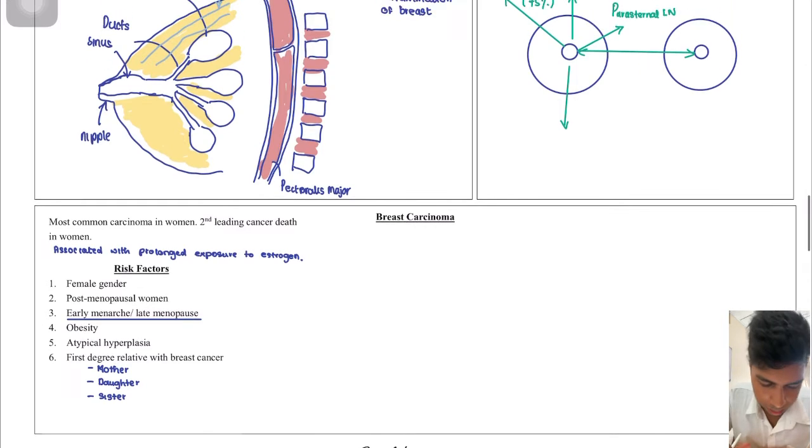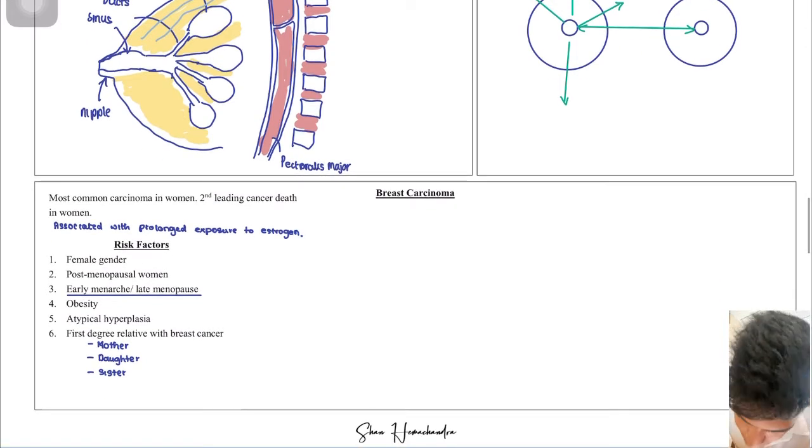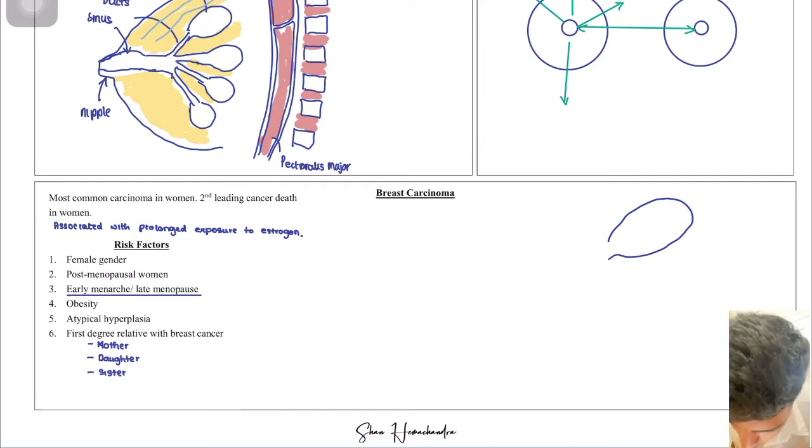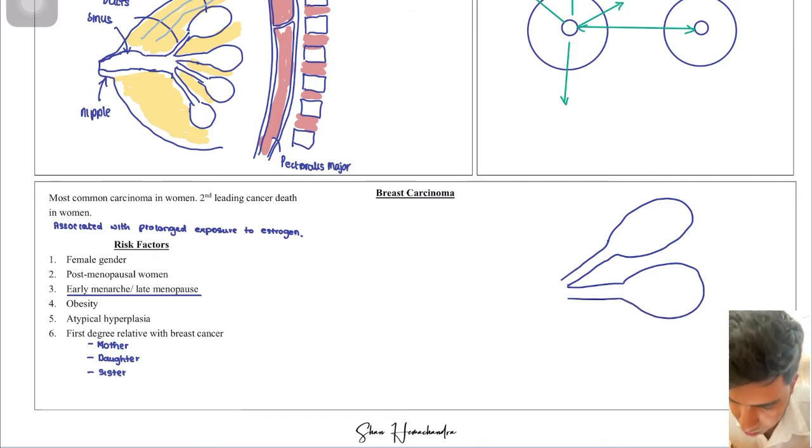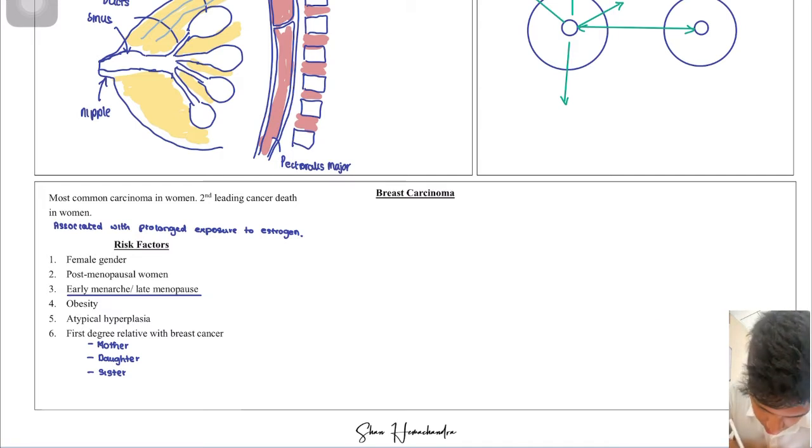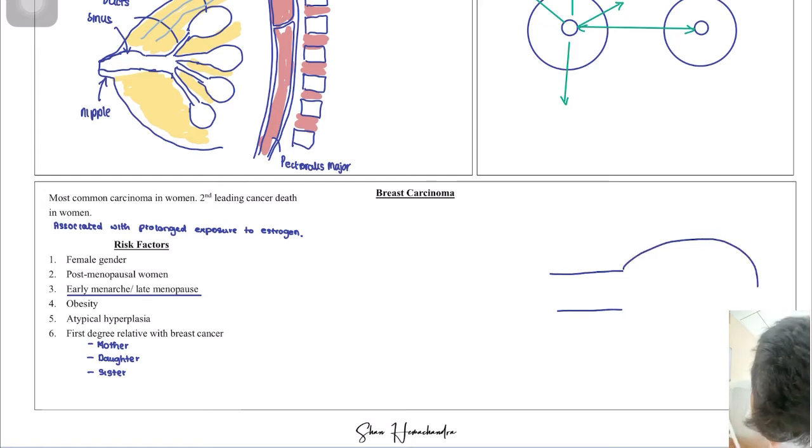Okay, I hope you understand the anatomy behind this, because carcinomas are going to be either from the lobules or the ducts. Okay, so the carcinomas are going to be either from the lobules or ducts. Let me take just one lobule, and one duct.